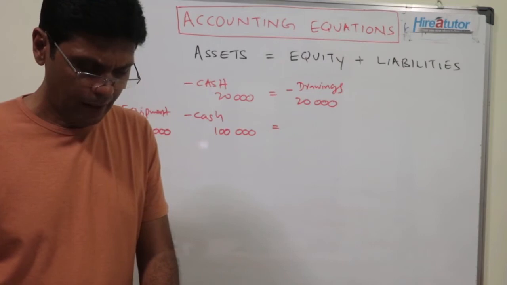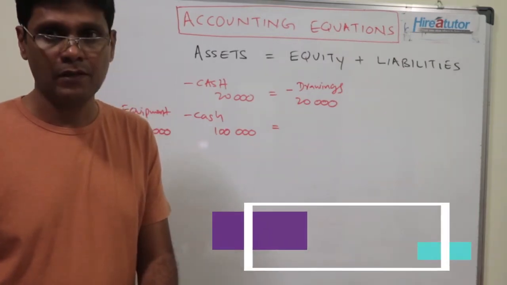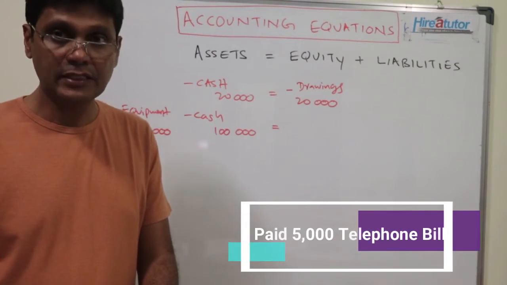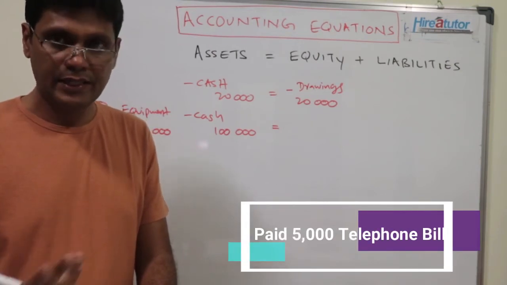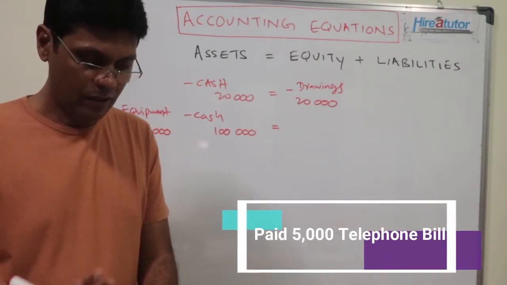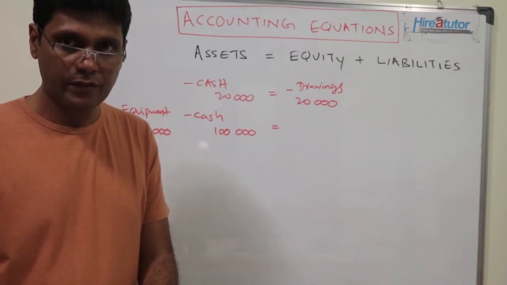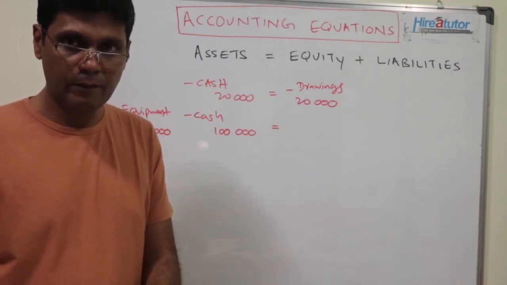Transaction number 8. Paid 5,000 of the telephone bill of the month. So there again there is an expense. Telephone bill is an expense. So business has paid a telephone bill of 5,000. So when you pay 5,000 telephone expenses, what is the impact on the accounting equation? The dual impact.